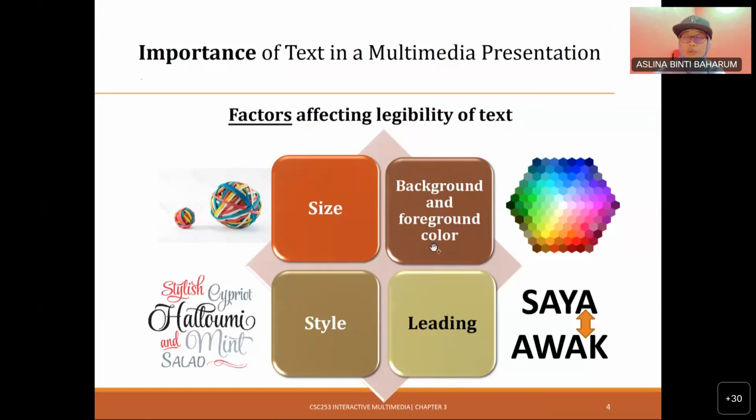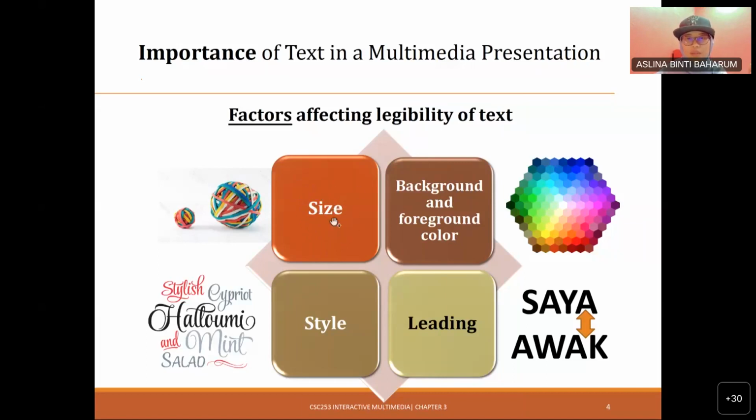Okay, background and foreground color. This is important, because if you are using a soft color or a bright color, how can you read it? It will affect you. Like in this example, the background color is orange, but the word is white. Do you think this is easily read? Is the readability good or not good in this example?